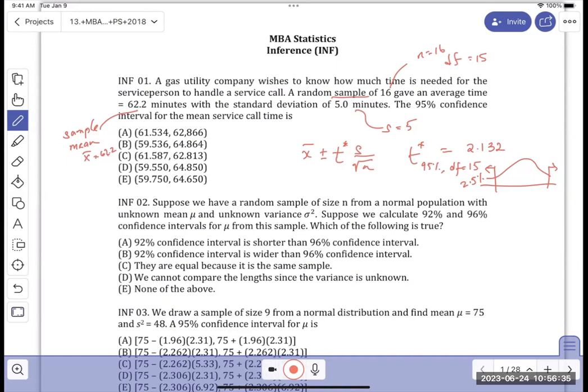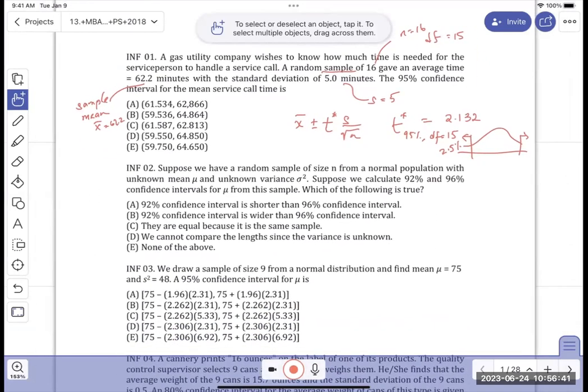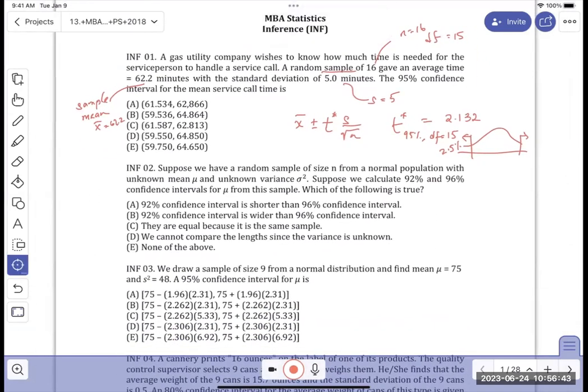Okay, let's do number 3. We draw a sample of size 9 from a normal distribution with a mean of mu equals 75 and S squared equals 48.